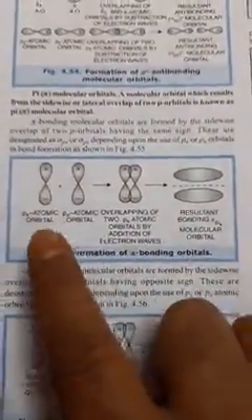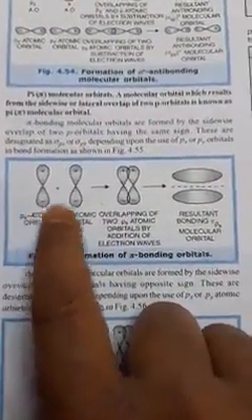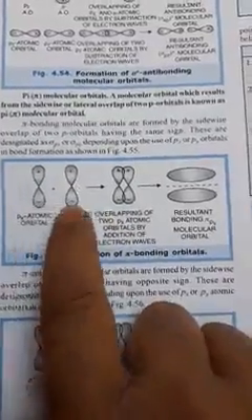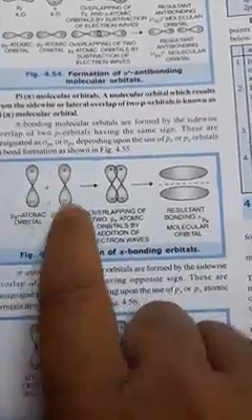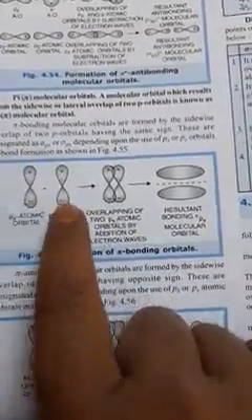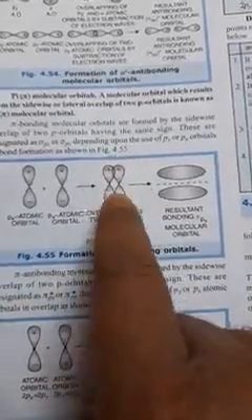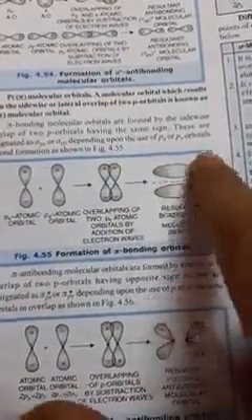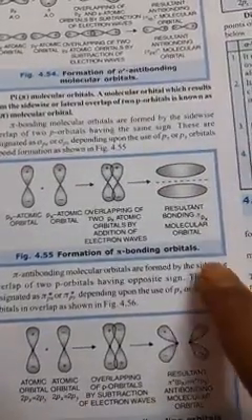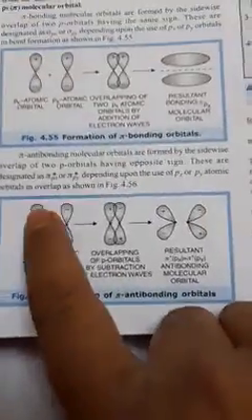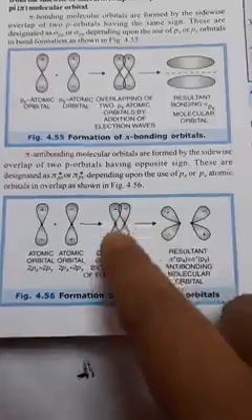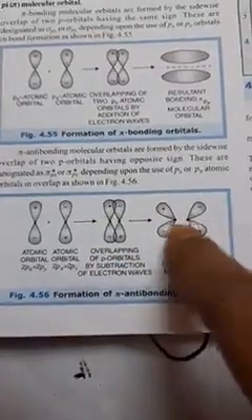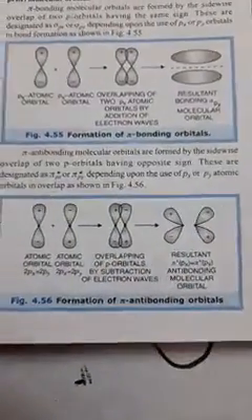In case of pi bonding, see, plus plus, minus minus, double shape: upper portion plus, lower portion minus, both having plus plus, minus minus. Plus will overlap, minus will overlap. They will form pi bonding molecular orbital. And if one is plus, one is minus, that time it will form antibonding, pi star.